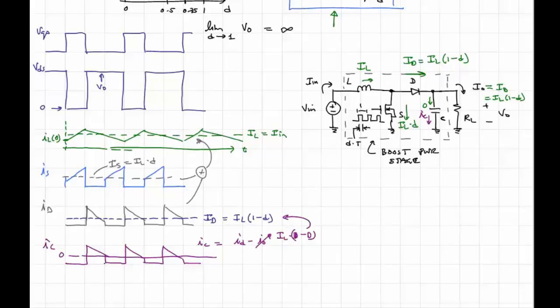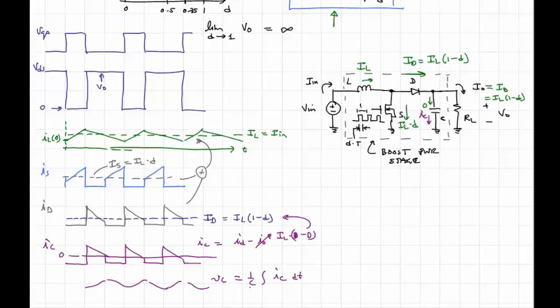And so what will happen is the voltage on the capacitor will kind of go up and down. I'm not going to try to figure out what that is, but that voltage is simply the integral, VC is equal to 1 over C, the integral of the capacitor current.